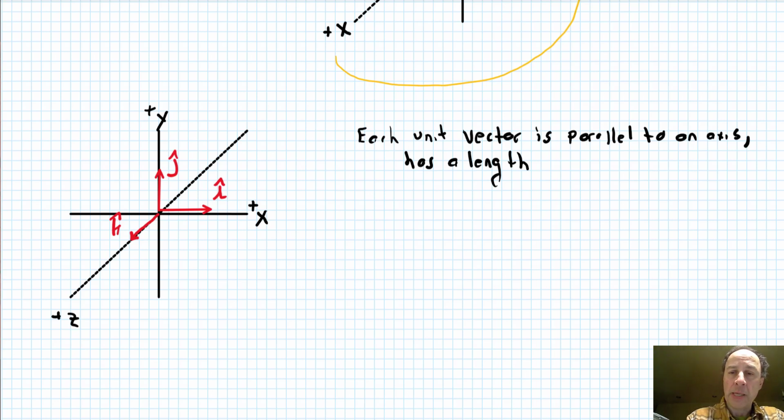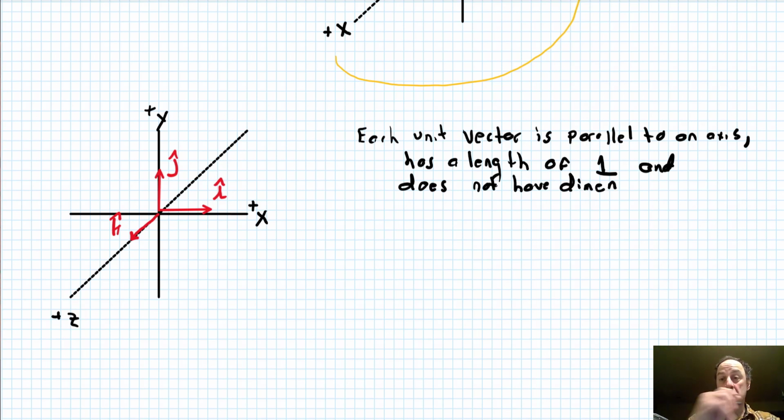It does not have dimensions, so it does not change the dimensions of the vector.